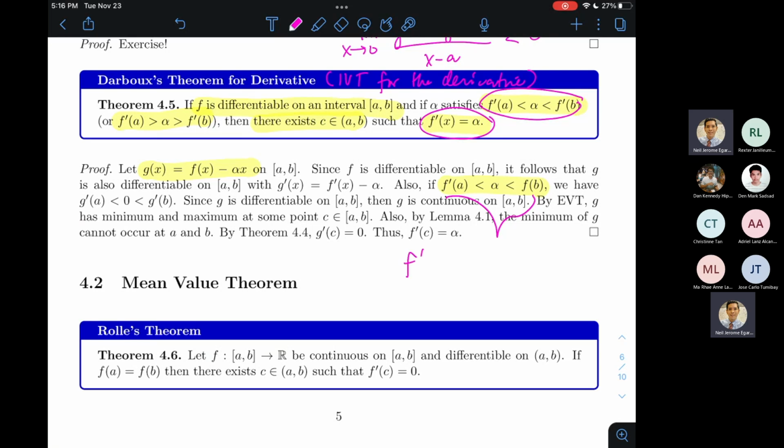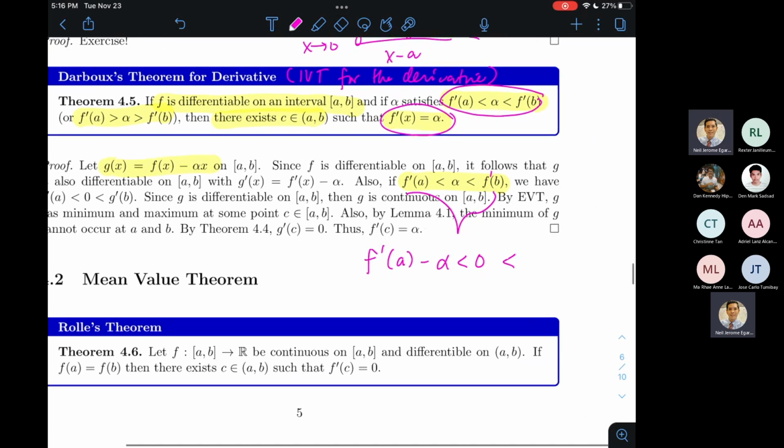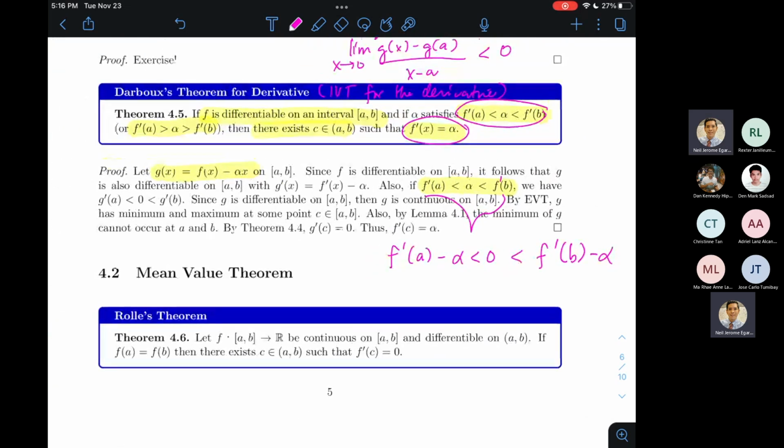So I'll get f prime of A minus alpha less than 0, less than dapat ito ay f prime of B minus alpha. Okay. And this guy will be what?